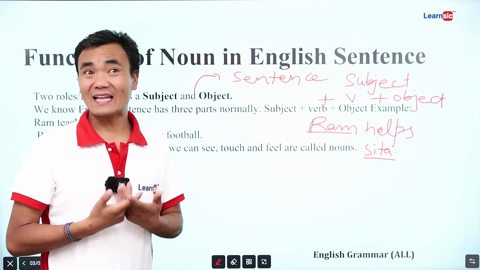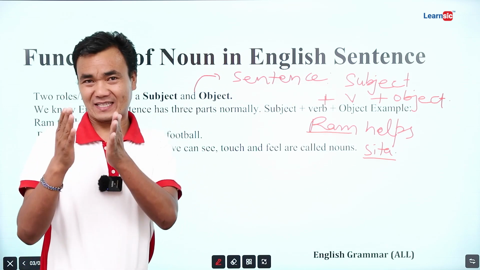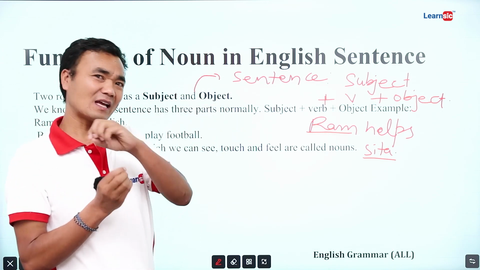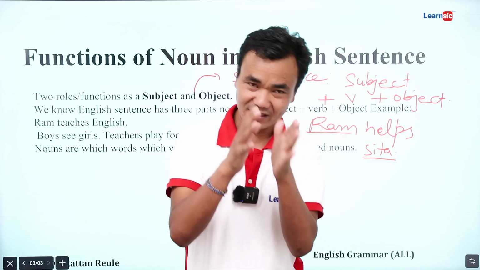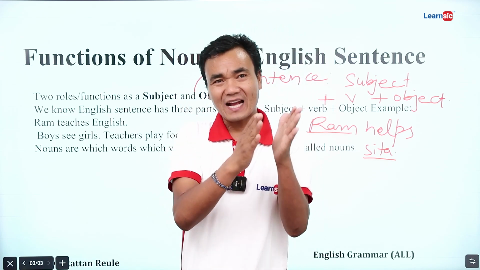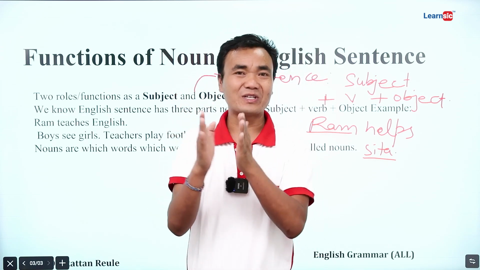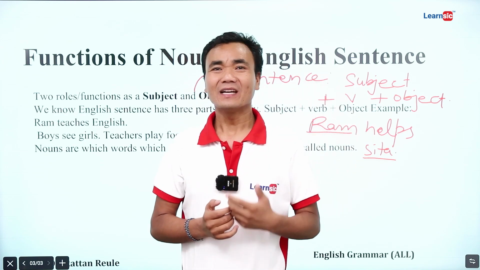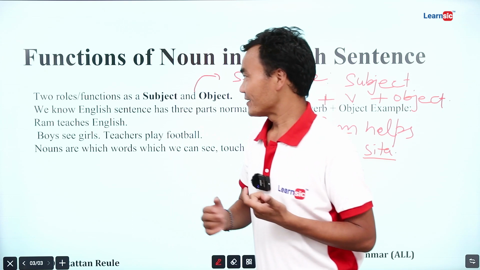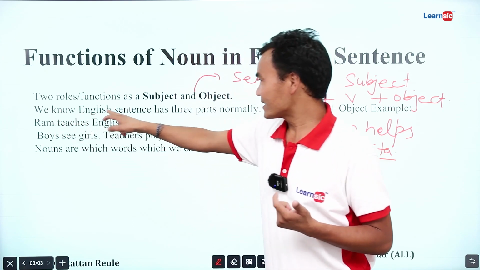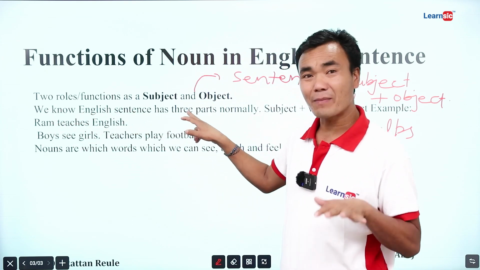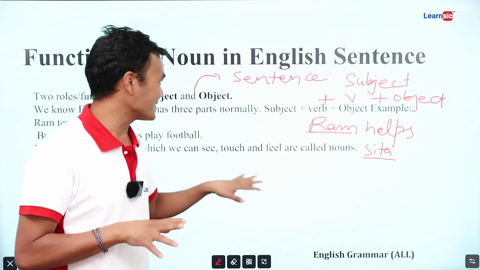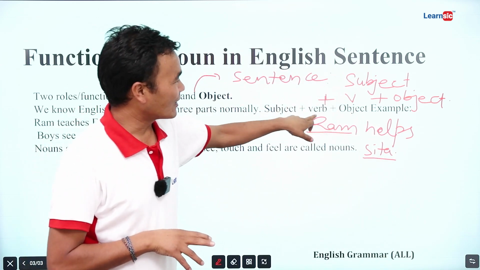So we can say that subjects and objects are nouns. Wherever we have a subject and an object, we are using nouns in a sentence. So we know English sentences normally have three parts, not in all cases: subject, verb and object.